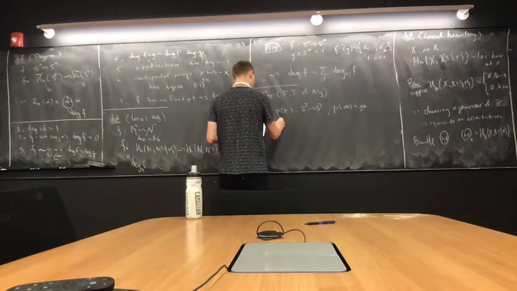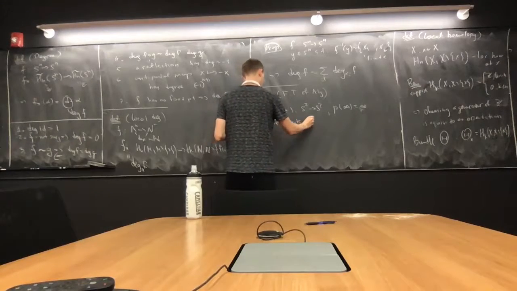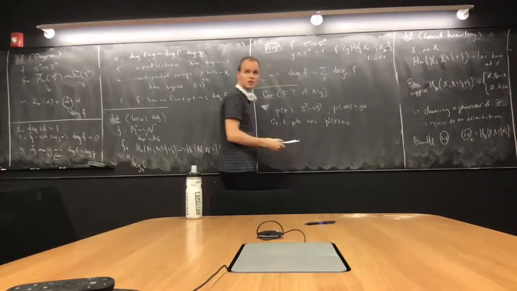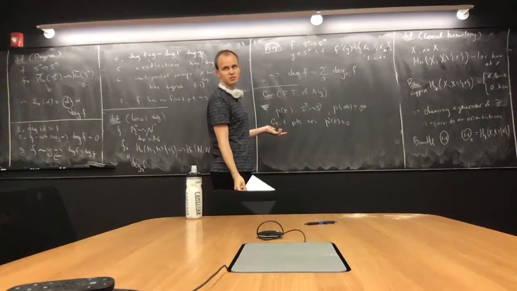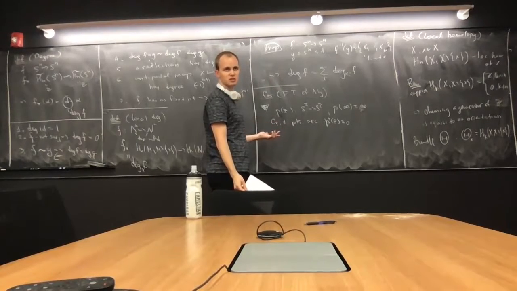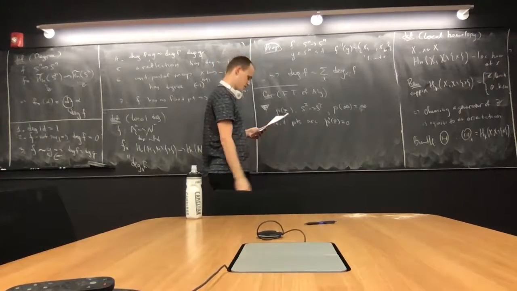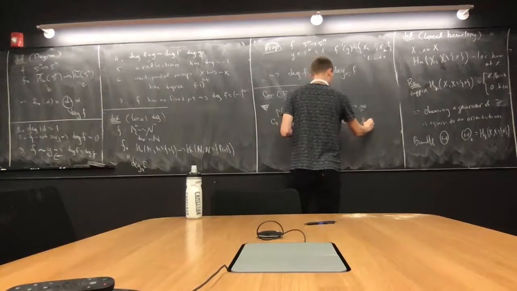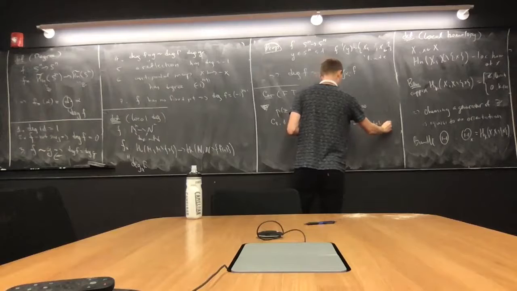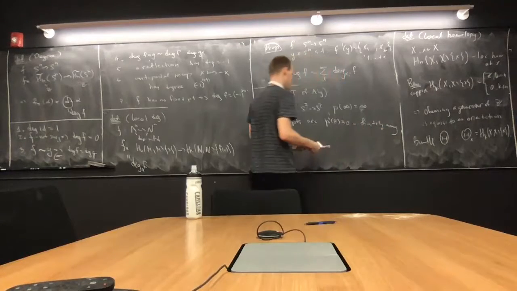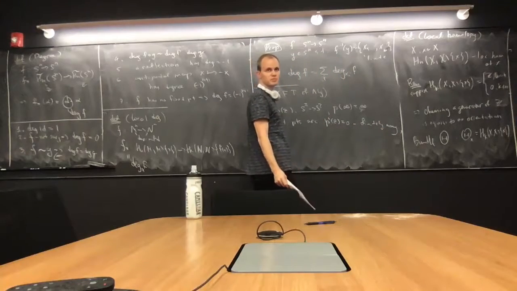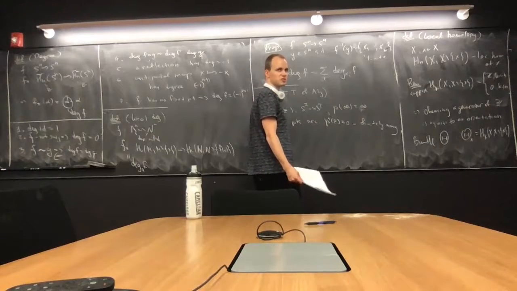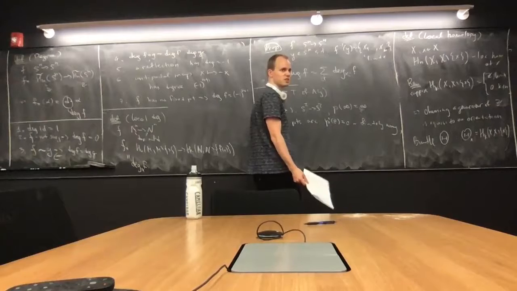The critical points are exactly the points where p prime is 0, because for a holomorphic function, 0 Jacobian is the same as the complex derivative being 0. And there are finitely many critical points, because p prime itself is a polynomial, and any polynomial has only a finite number of zeros.